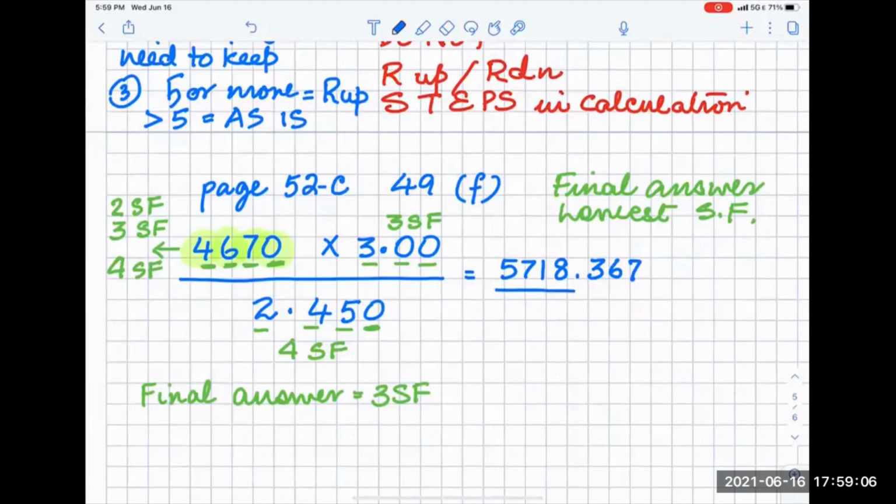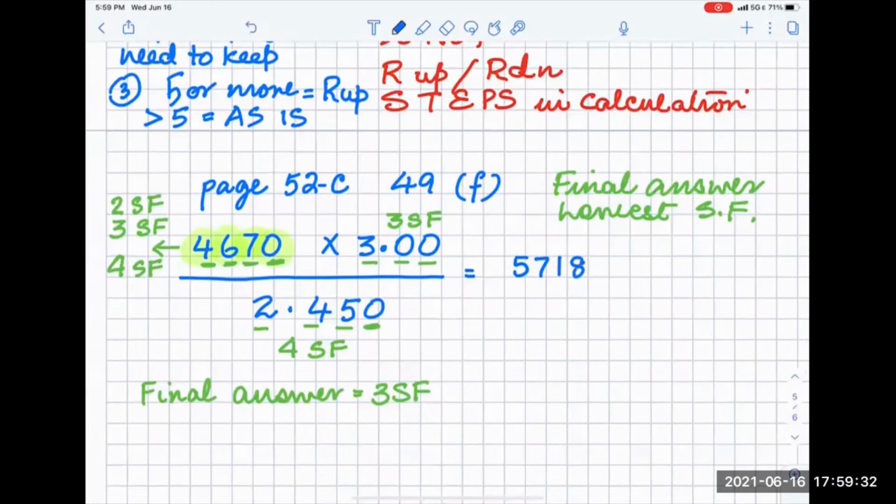Now this number divided by 2.450. Give me whatever big number you get. Yufang already did this. From the calculator, we see 5718.367.